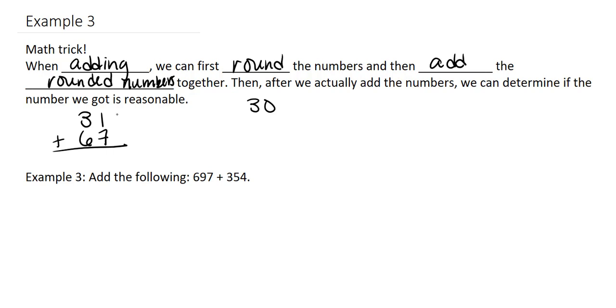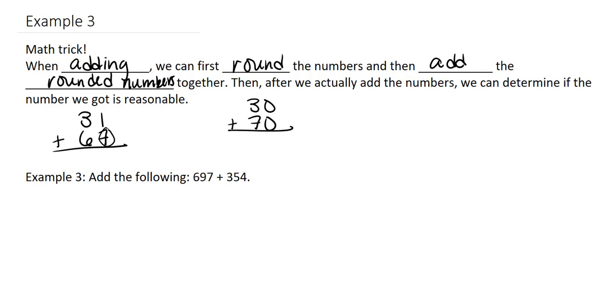So we rounded down. Now 67, if we round to the nearest 10, would be 70. Because this 67 we have here, the 6, we look at the 7, which is up between 5 to 9. So we know we need to add a 1 to the 6 to then become 70. And everything after is a 0.